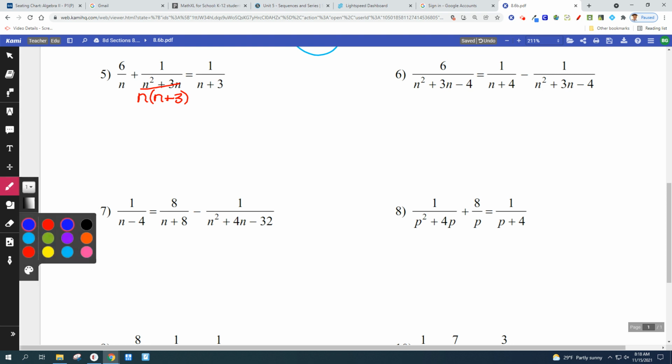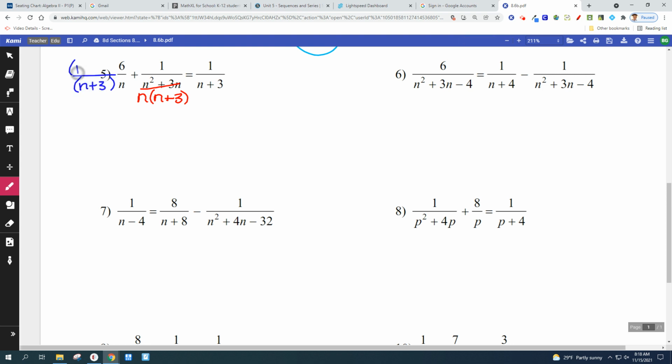The one on the left side has an n, so I'm going to give it an n plus 3, like this. The one on the right side has an n plus 3, so I'm going to give it an n like this. Now they're all the same. All three of those fractions have a common denominator of n times n plus 3.